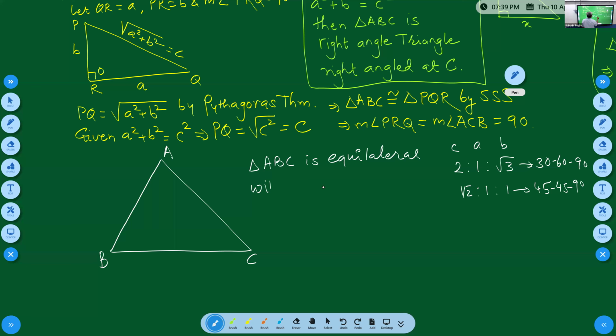Triangle ABC is equilateral with side equal to 10. Find the area of triangle ABC.